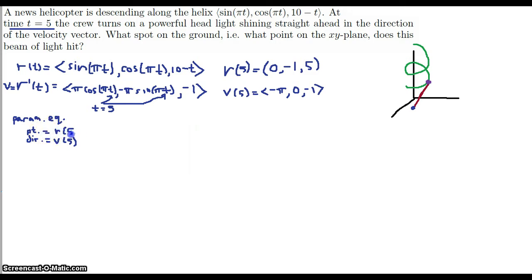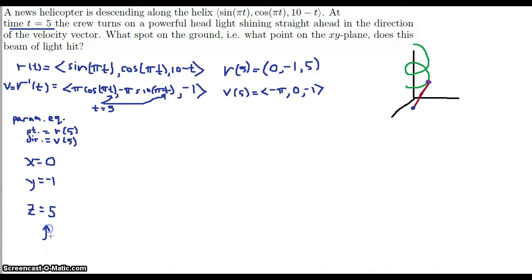And so then, once I have this point and this direction, I know how to make the parametric equations for the line. I take the point and make that 0, -1, and 5.